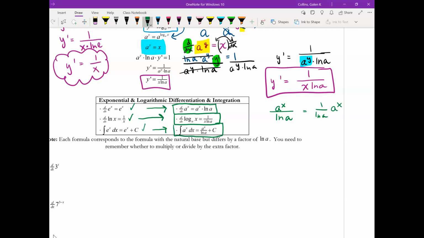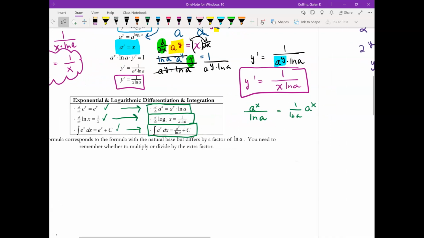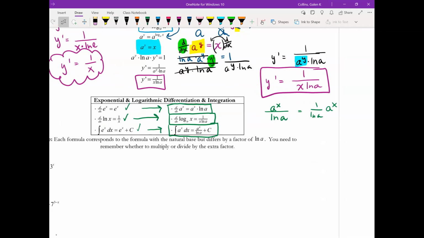So if we take the derivative of that, we know that 1 over the natural log of a is just coming along for the ride because that's a constant. So when we take the derivative, we get 1 over the natural log of a, and then the derivative of a to the x is a to the x times the natural log of a. Those two things undo each other, and we're left with a to the x.